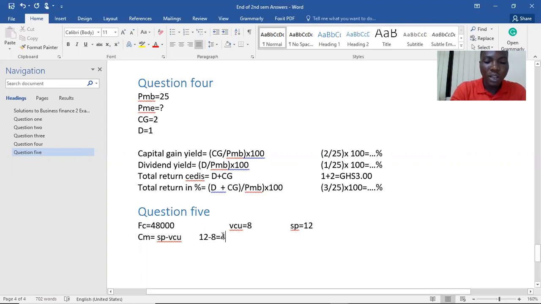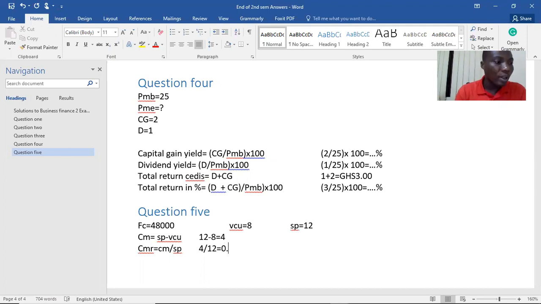So contribution margin is 4. Then find the CMR, the contribution margin ratio, which is given as your contribution margin divided by the selling price. So 4 divided by 12, which is about 30% of the 12.